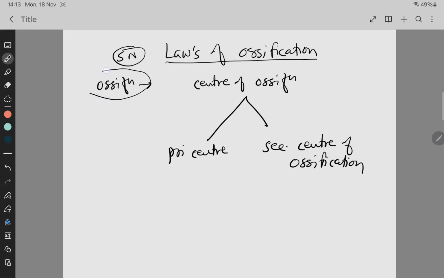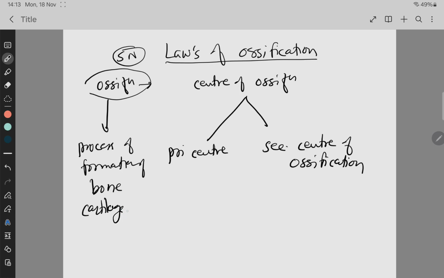So what is ossification? That is nothing but a process of formation of bone. So first the cartilage or membrane forms, and how bone forms from it, that process is called ossification. It is a process of formation of bone from either cartilage or the membrane, and that is called ossification.